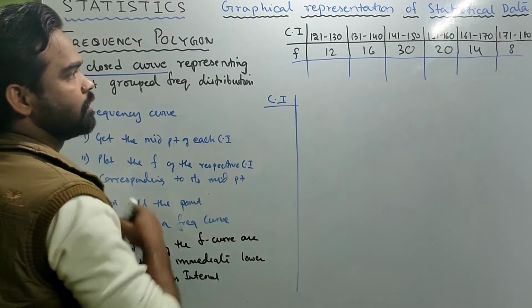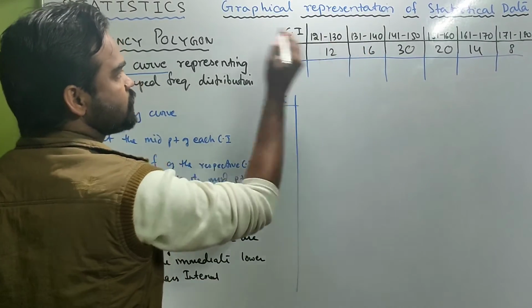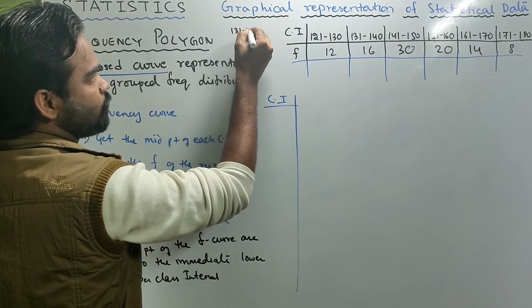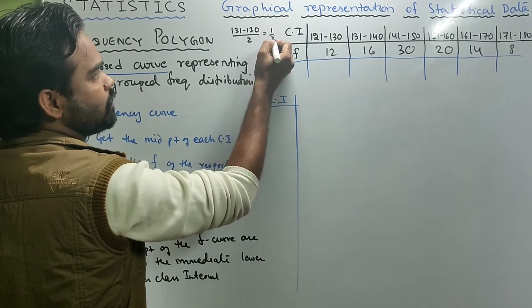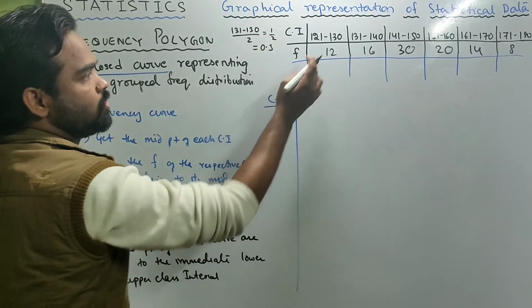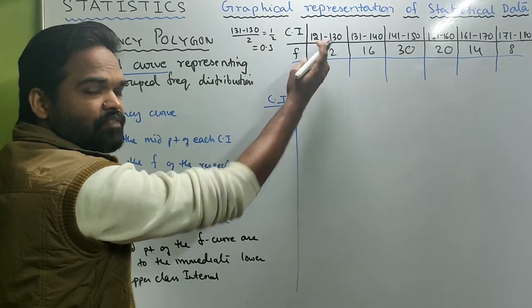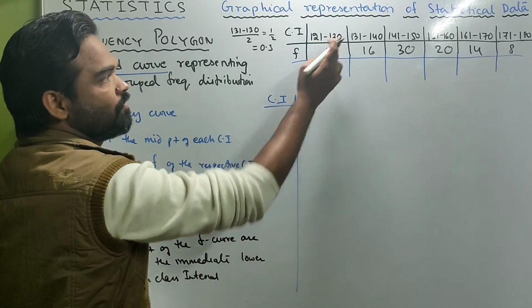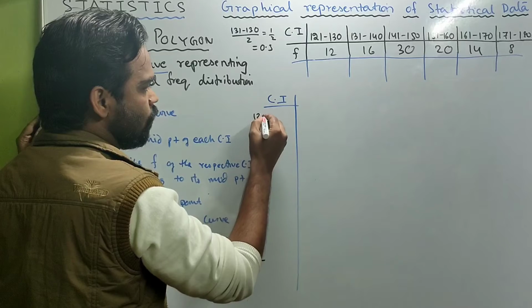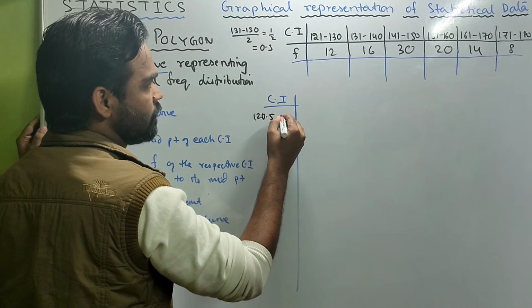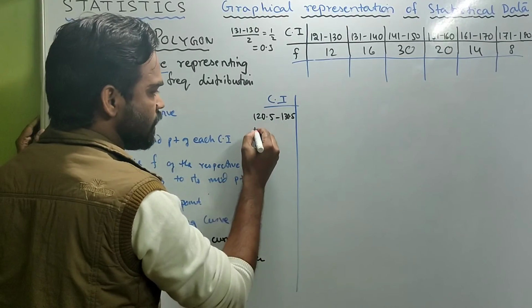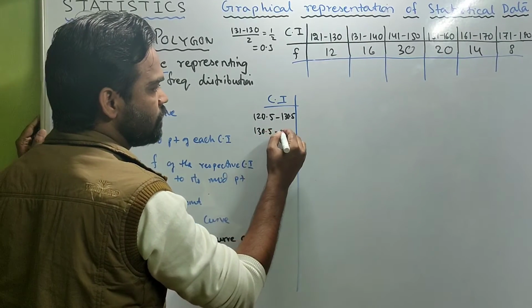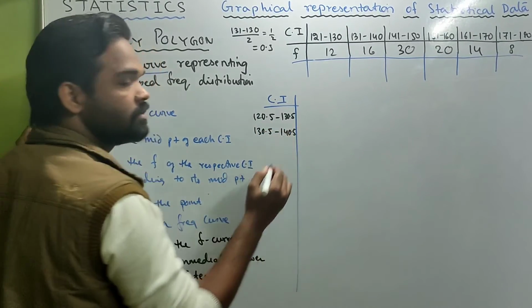Now, 131 minus 130, divided by 2, is the adjustment factor. So 1 by 2, that is 0.5. We subtract 0.5 from the lower limit and add 0.5 to the upper limit. So it becomes 120.5 to 130.5. Similarly, this becomes 130.5 to 140.5.